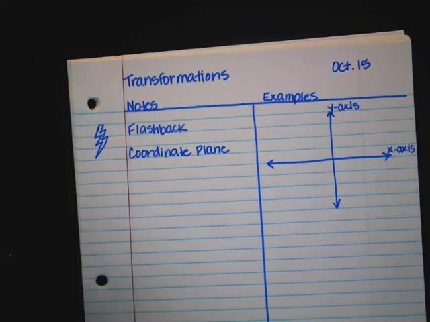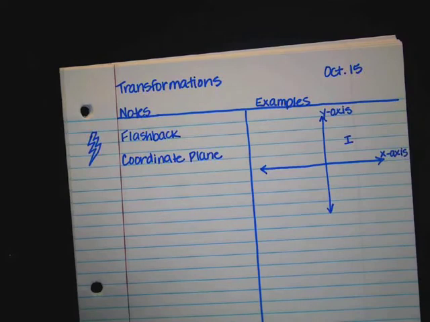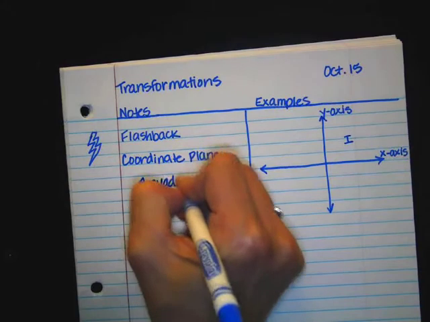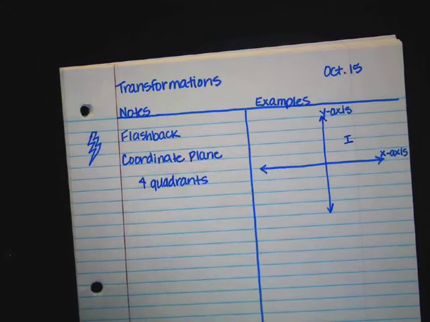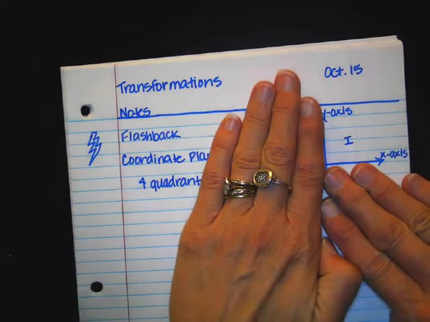Now, when you first started working with a coordinate plane, you started working in quadrant 1. And there are 4 quadrants for every coordinate plane. But when you first started working with it, your teacher in elementary school only introduced this part.